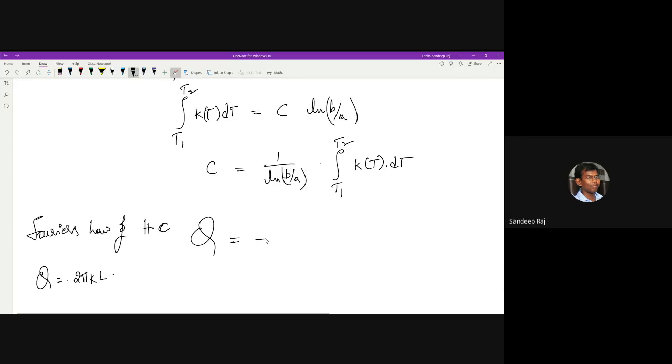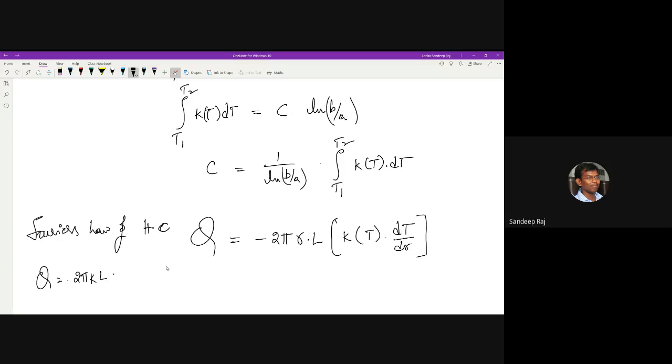This is minus 2 pi r into L into k of T into dT by dr I'll get. Okay, this is how your expression will turn out to be.